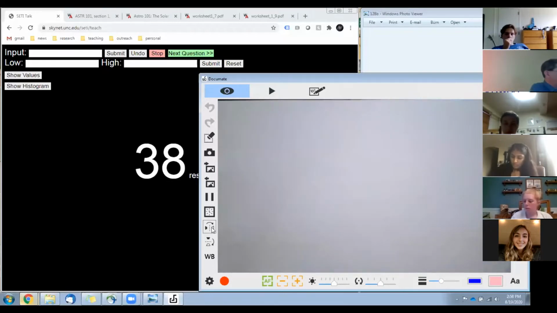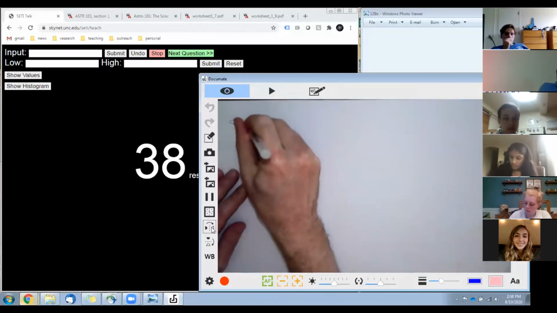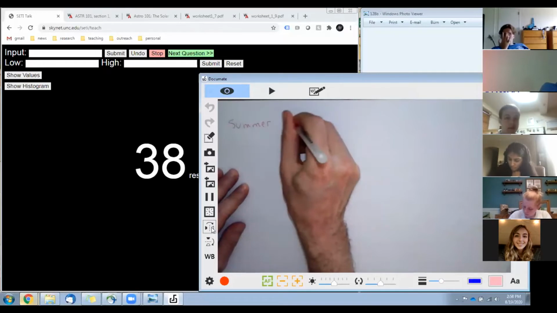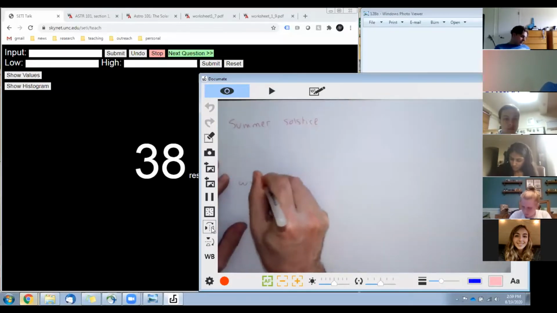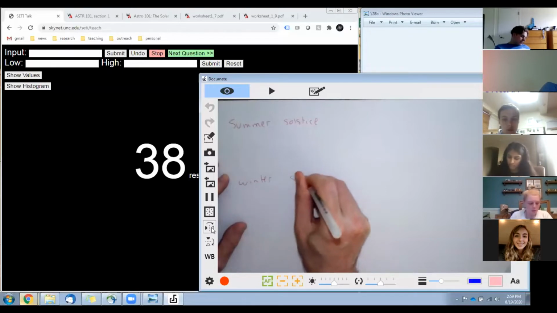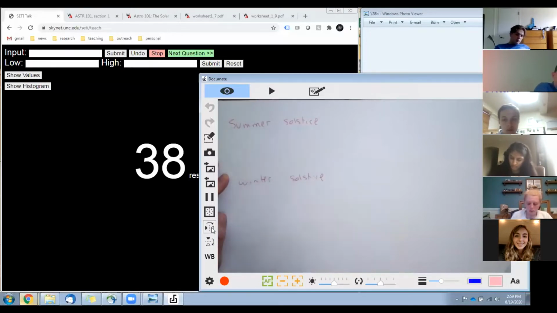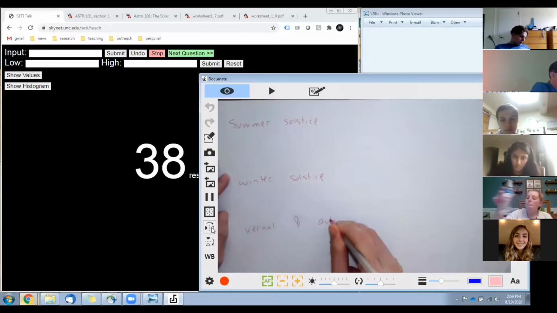So let's define terms. Summer solstice, winter solstice, and the equinoxes. So that's going to be vernal and autumnal.